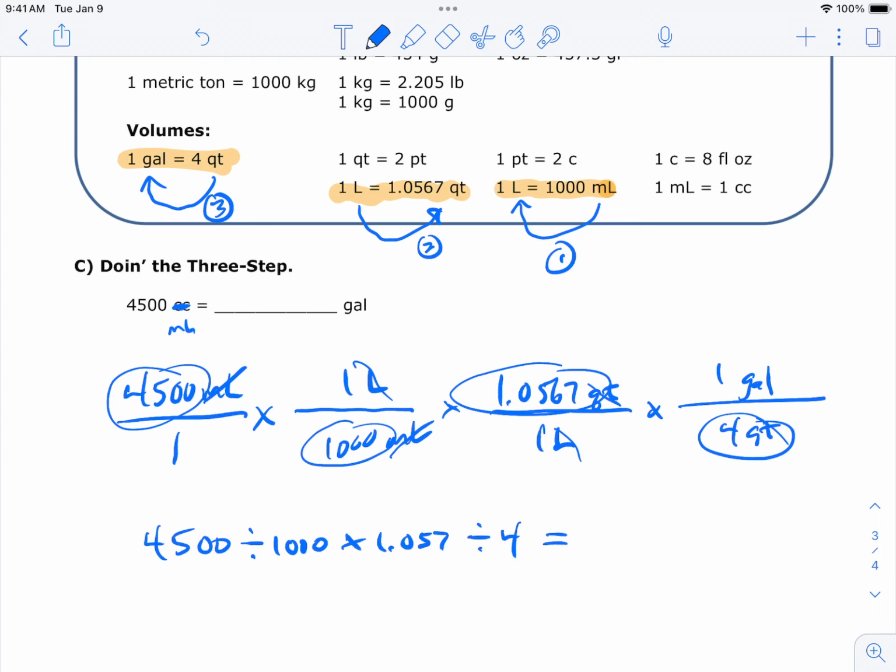You'll get the same thing. So, typing it in, 4,500 divided by 1,000 times 1.057. Oh, I'm sorry, that's 1.0567. So why don't I do it right just for kicks? 1.0567. Okay, and then divide by 4 equals, and I'm getting 1.189.